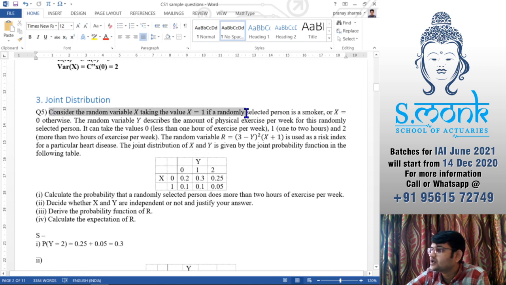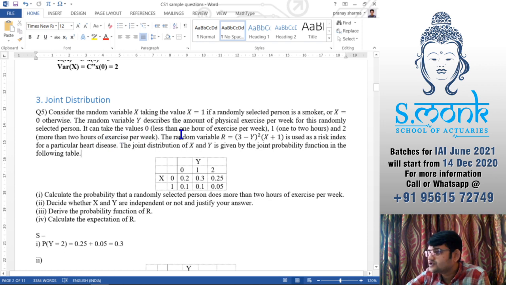Consider a random variable x taking the value x equals 1 if the randomly selected person is a smoker, or x equals 0 otherwise. The random variable y describes the amount of physical exercise per week for this randomly selected person.